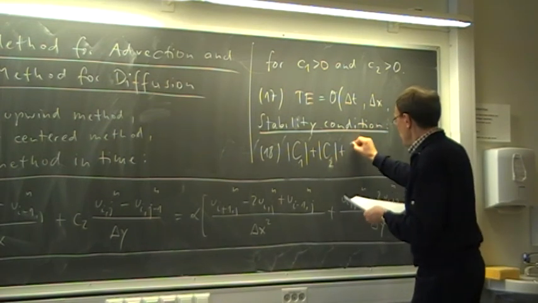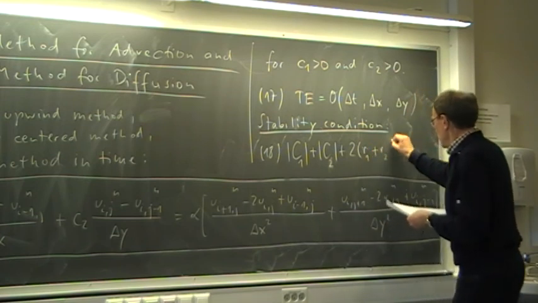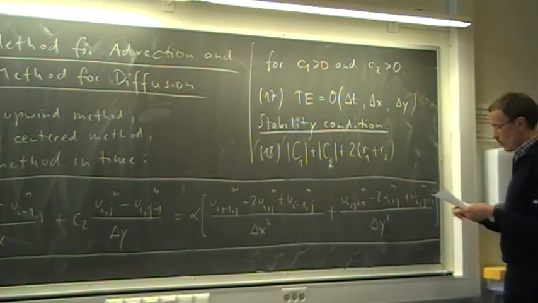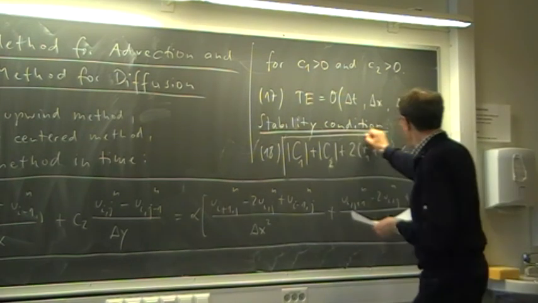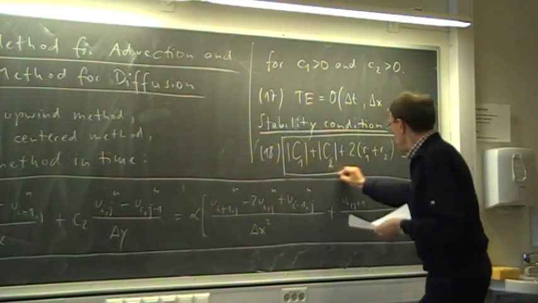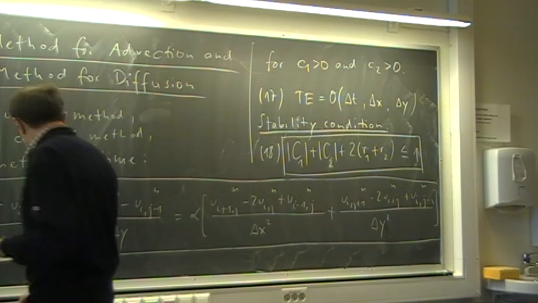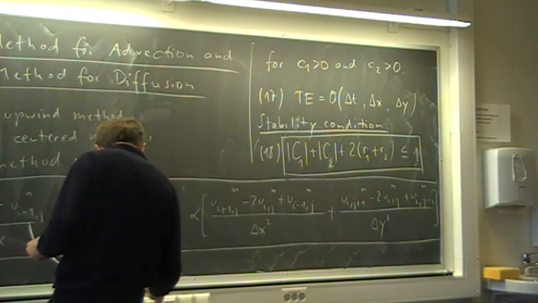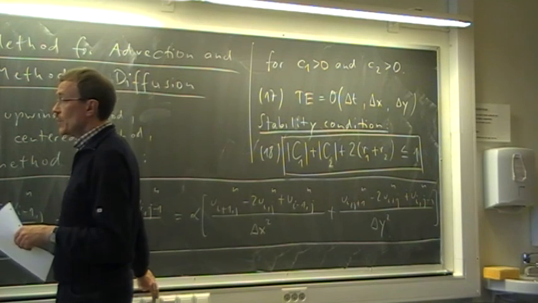And we have then to consider 2 times the von Neumann number, sum of R1 and R2, and that has to be smaller or equal than 1. So that is the stability condition. Compare that with the stability condition for the forward time-centered space scheme, that is number 15.